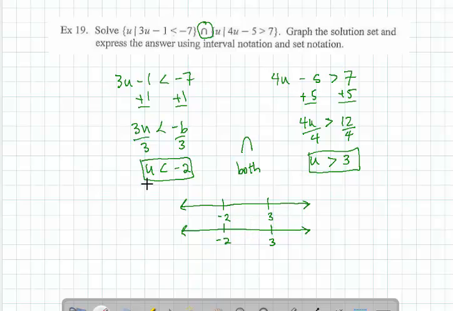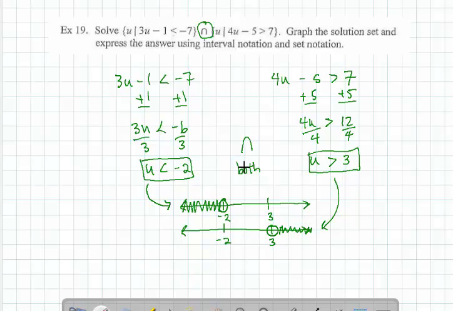And then u less than negative 2 I'll put on this first number line. So negative 2 gets an open dot, and I shade to the left. Okay, u greater than 3, again, open dot, because there is no equal to bar here for the inequality. And we want numbers greater than 3, so we shade to the right.